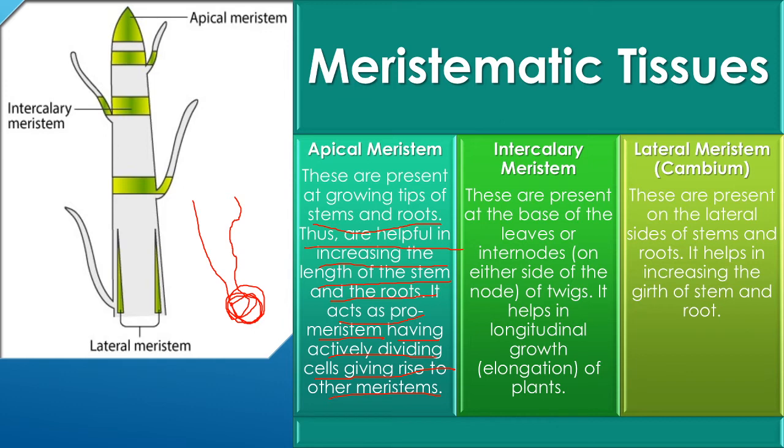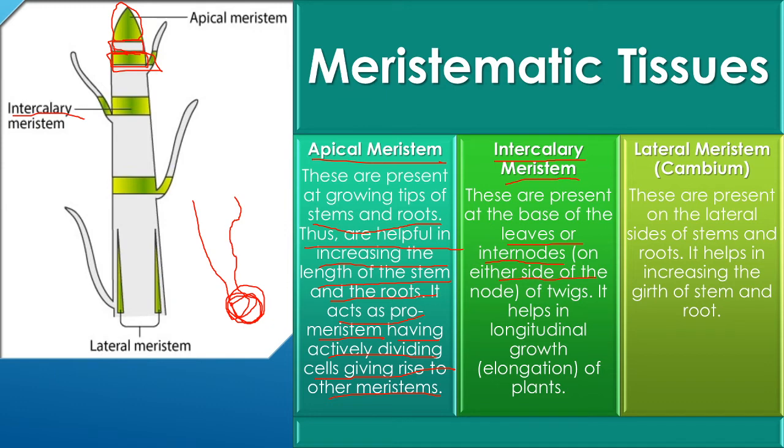That is, at some particular period of time, this has given rise to this part. So here a meristem has been created, which is the intercalary meristem. This tip part was the apical meristem, and the leftover part which is left behind by the apical meristem is the intercalary meristem. It is present at the base of the leaves and the internodes, and on either side of the nodes.